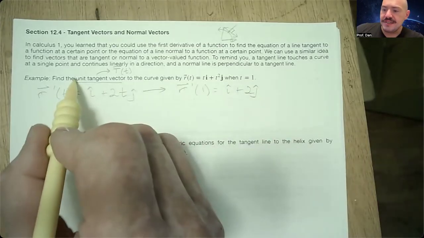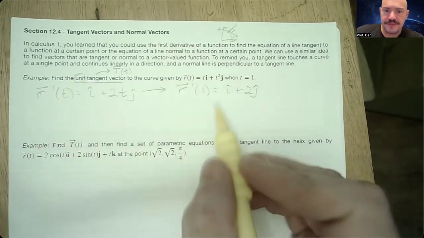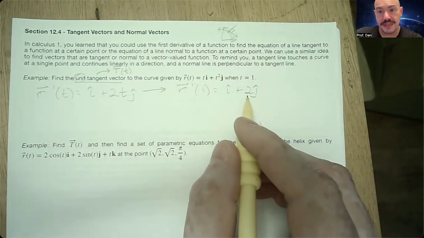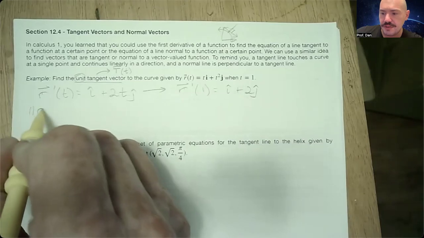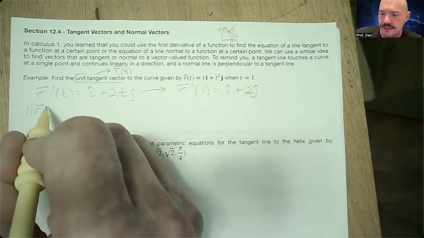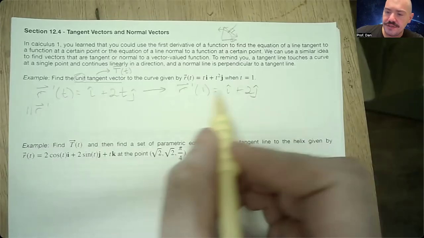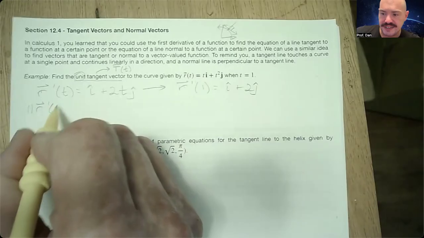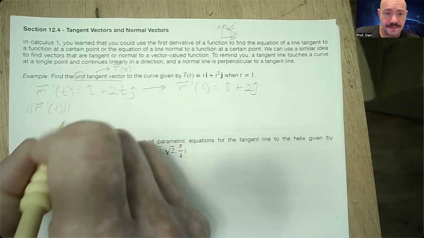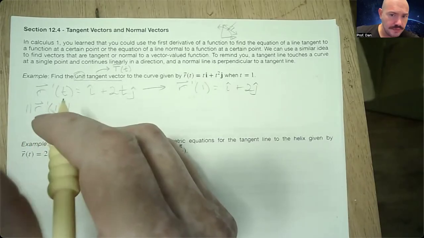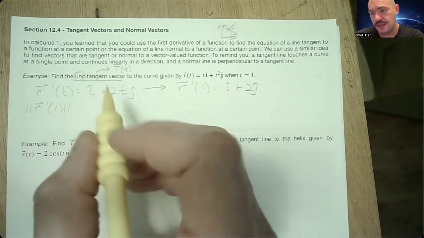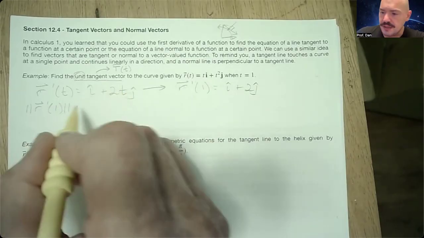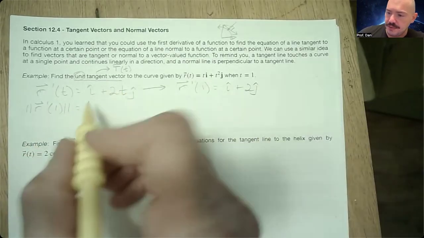Other thing, because this is a unit vector, remember we have to divide each of these components by the magnitude. So we need to get the magnitude of our direction vector. Since we're only interested in the case when t is equal to 1, we can just do the magnitude of r prime of 1. Right? If I wanted a general magnitude for any value of t, I could use that same definition with r prime of t. Right? But for this one, we'll make it simple for ourselves.